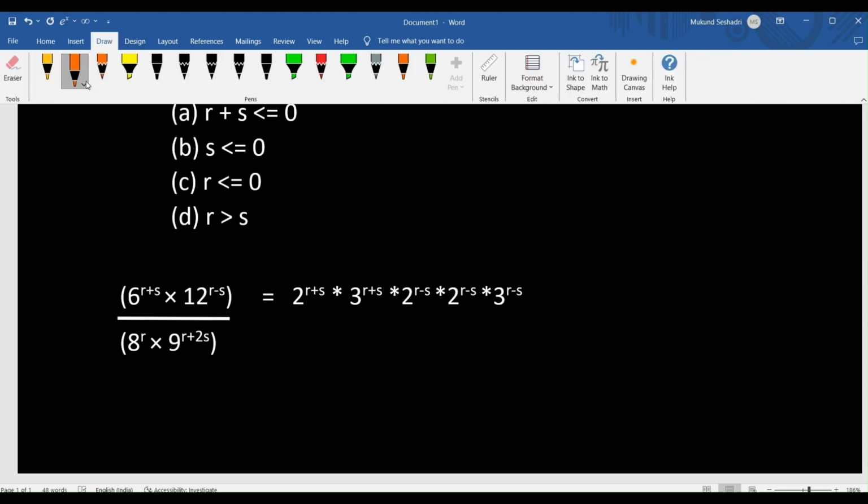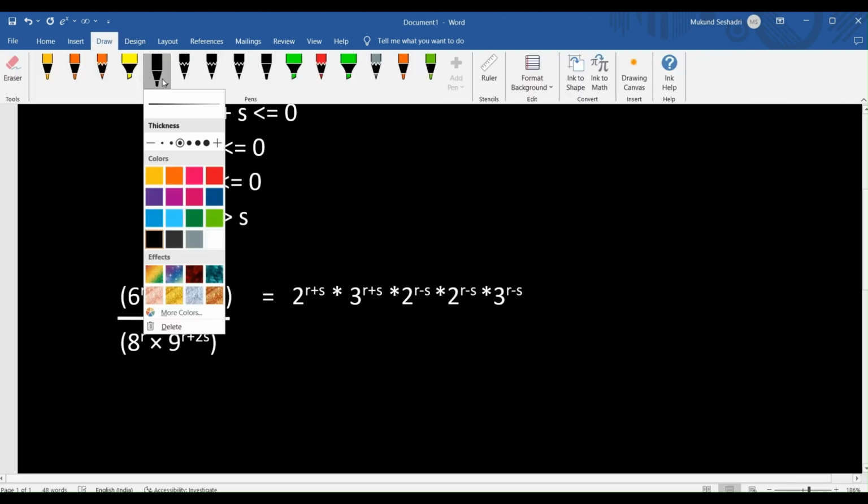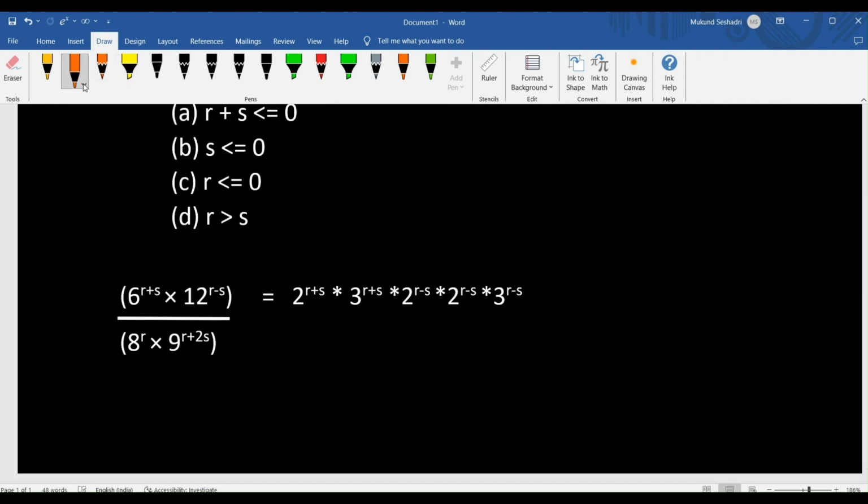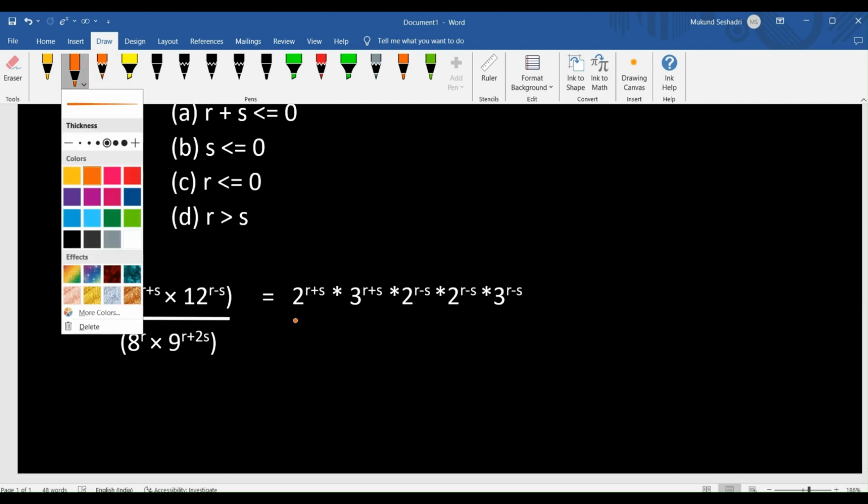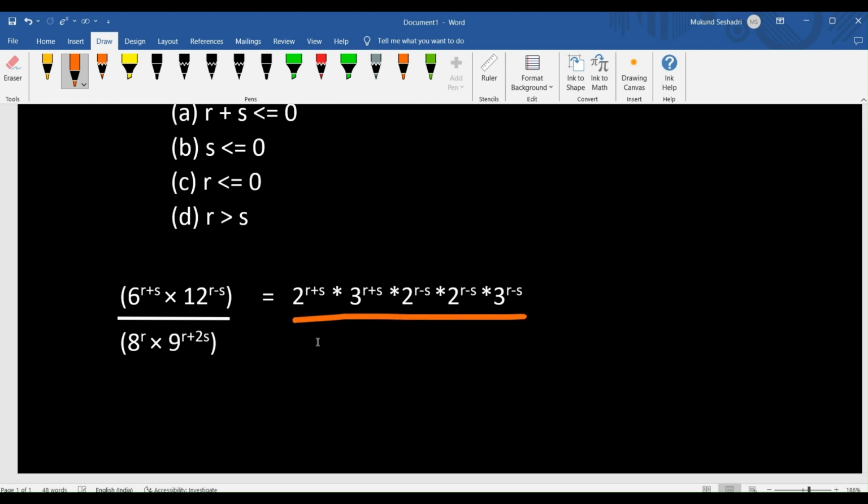So let's quickly do the denominator as well. So I have 8 to the power r, which I write in a very similar fashion. What is 8? It is 2 to the power 3, right?